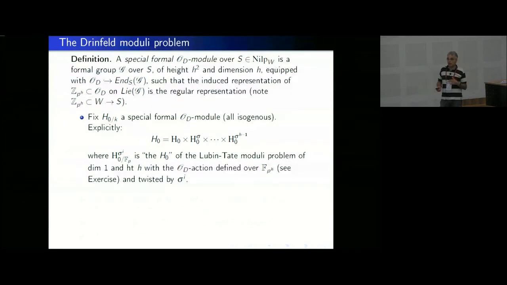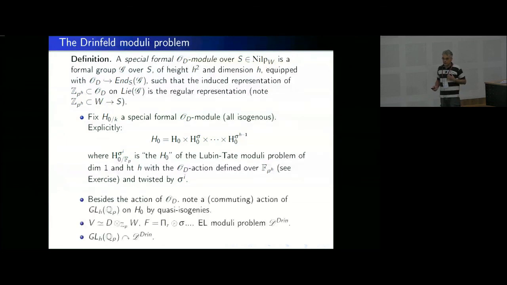And to make it a special module, you twist on each of the copies the action of O_D by the corresponding power of Frobenius. And this is our model H0. And you can write down what the M0 would be, and the V with Frobenius, and with the D structure.